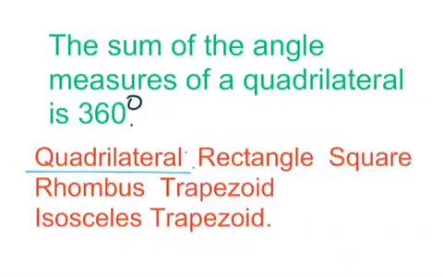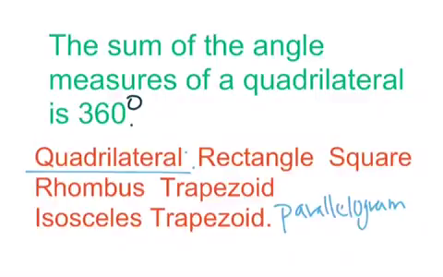A parallelogram is a quadrilateral with two pairs of parallel and congruent sides. Opposite sides and opposite angles are congruent. The diagonals of a parallelogram bisect each other.